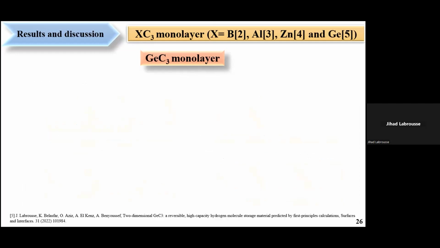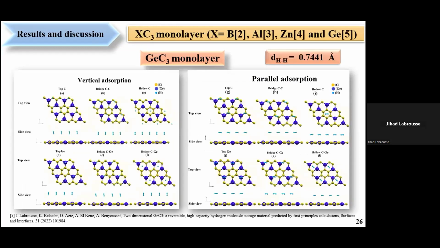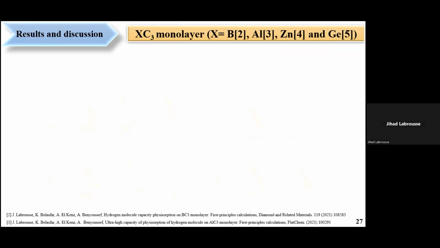X was boron, aluminium, zinc, and germanium. And also the distance between two hydrogen atoms was not more than 0.74 Angstrom for all the materials.